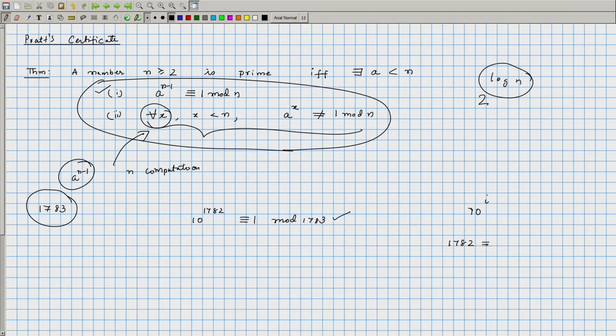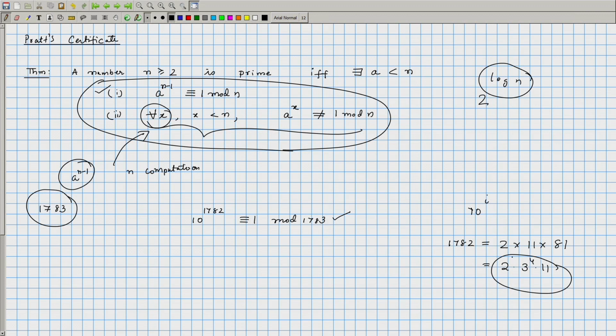One can factorize 1782. Somebody tells me that its factorization is 2 into 11 into 81, that is 2 into 3 to the power 4 into 11. You need not believe me on this, you can just multiply yourselves and check that 1782 indeed factorizes.